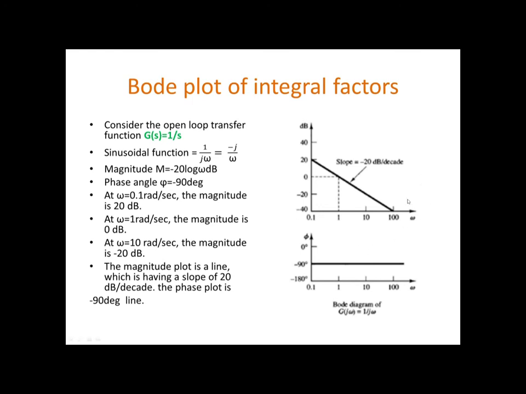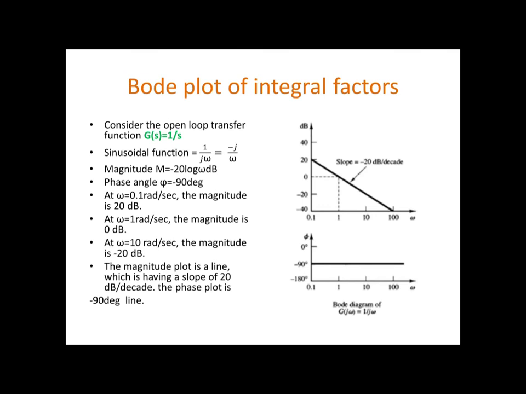This is the complete magnitude plot, and the phase plot is independent of the value of omega, and it has a constant value of minus 90 degrees throughout all frequencies. So this is the Bode plot of a single integral factor, that is a single pole at origin.